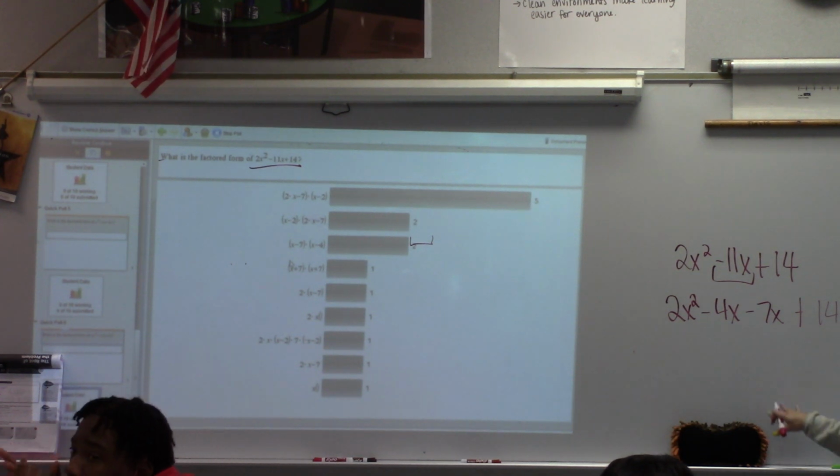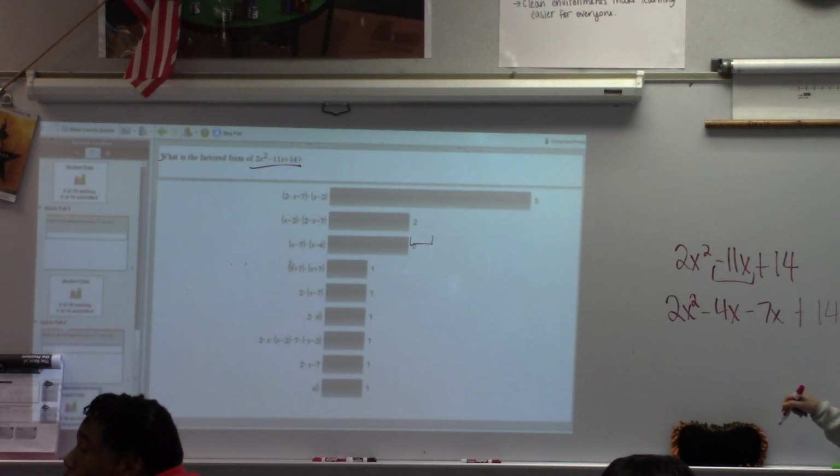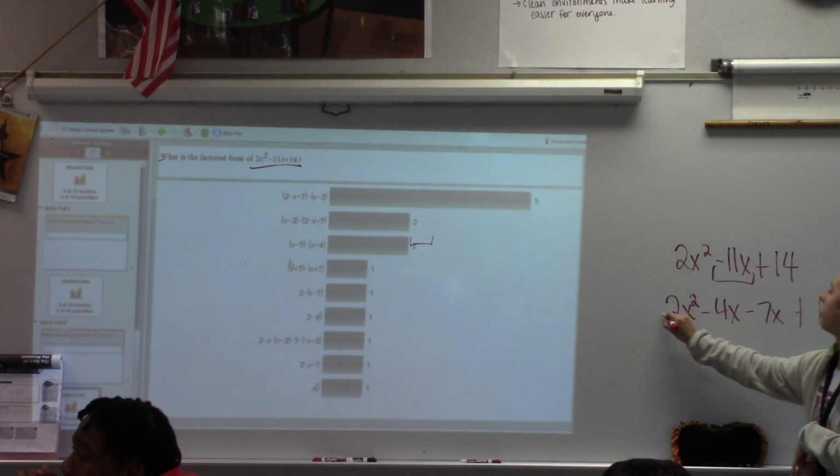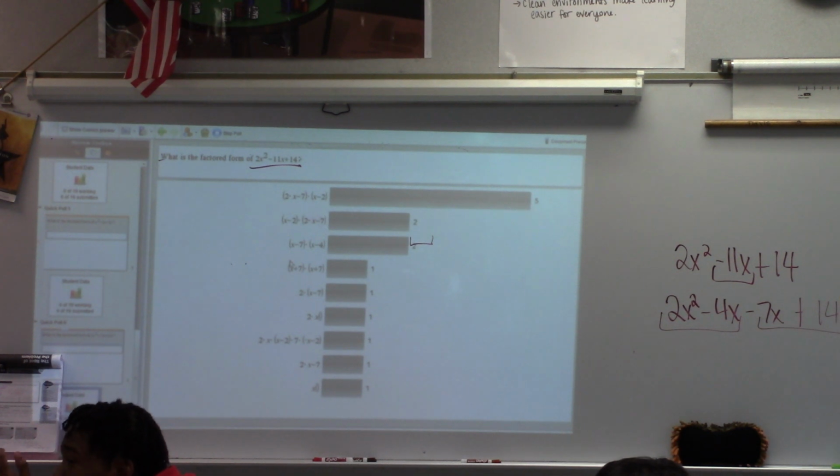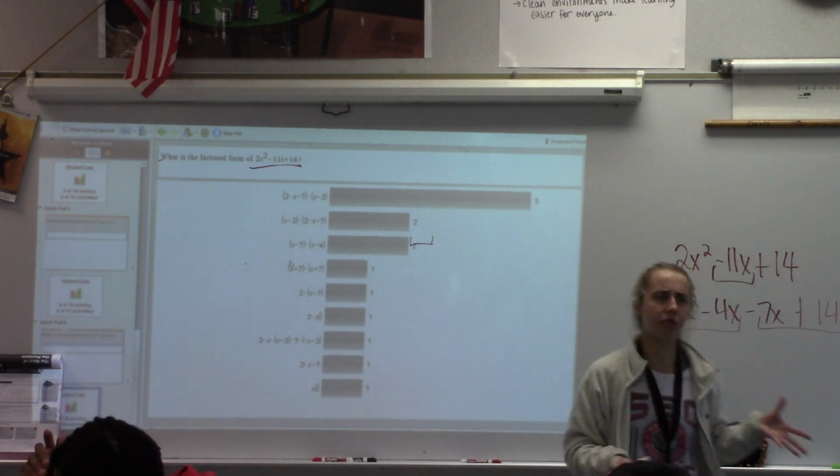So then from here, what can we do? Group them. Okay, so we're going to make 2 groups. And now I'm looking for the GCF in both groups. But remember, the factors need to look alike. I want it to look alike when I factor from both groups.